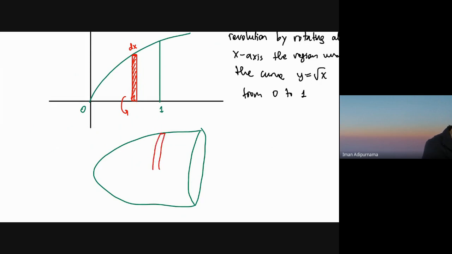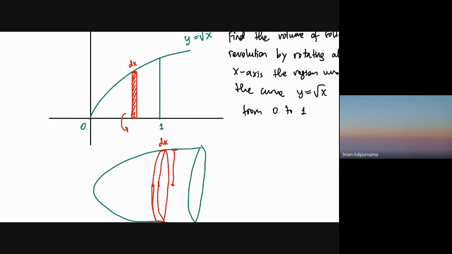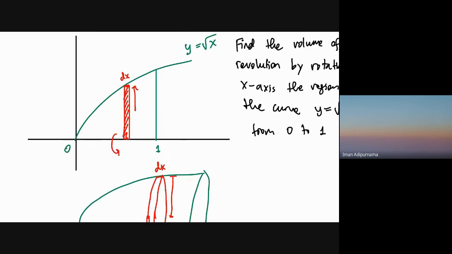Our cross section here is our small disk, so this is the x, and this will be the radius. In our case, the radius is our height, our y. So the key is we need to identify which one is our radius.